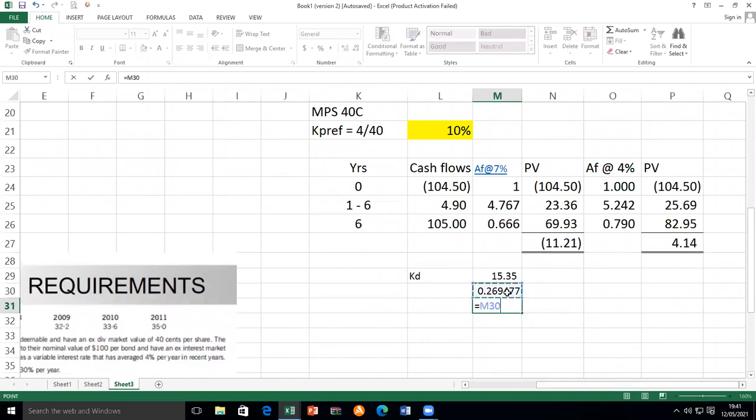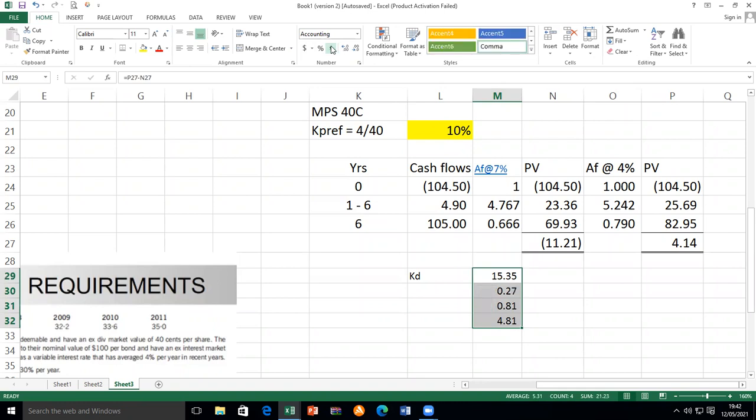Then I say that multiplied by that. And lastly, I say 4 plus that. Is that what you are getting? 4.81. Can somebody please counter check the values?